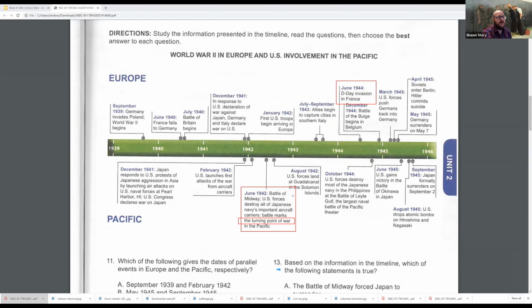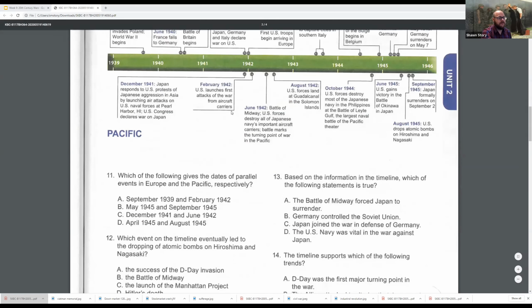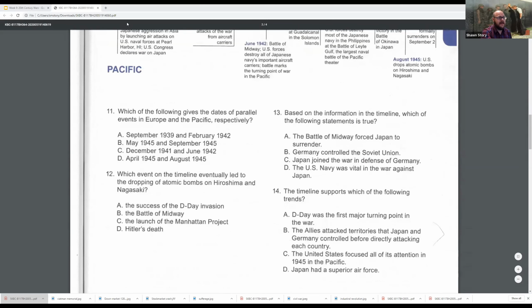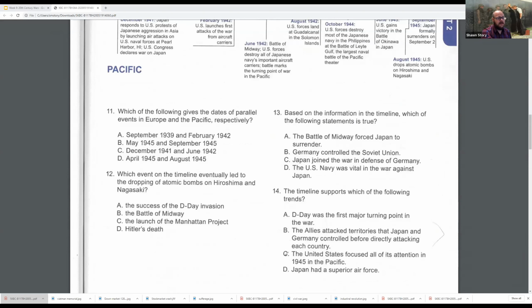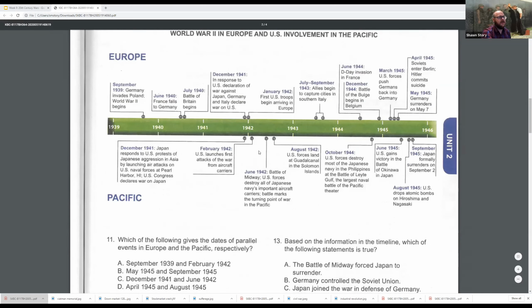No, so I know that one can't be true. So I've now eliminated C and A, D I can't really find anything. B, the Allies attacked territories that Japan and Germany controlled before directly attacking each country. Let's see. So they attacked places they controlled before attacking that country.